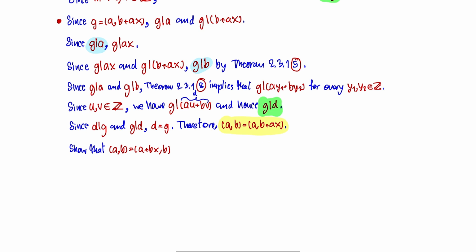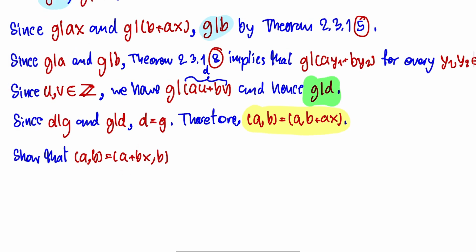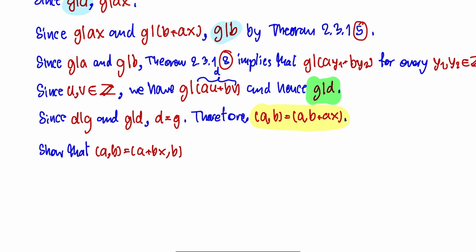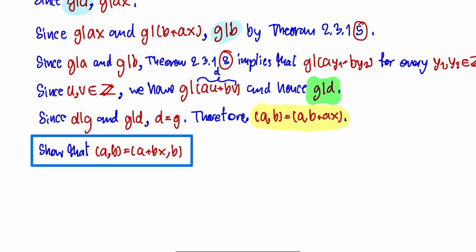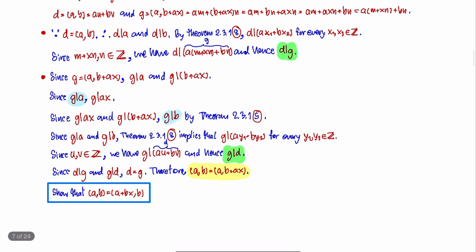Okay, so we add to the first number by bx. So let's prove this one. Again, the steps will be the same. Actually, the way to prove is very similar.